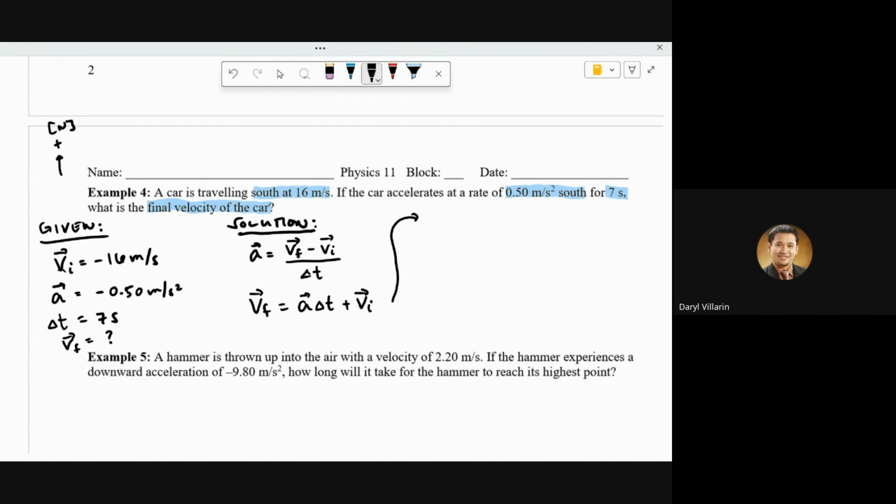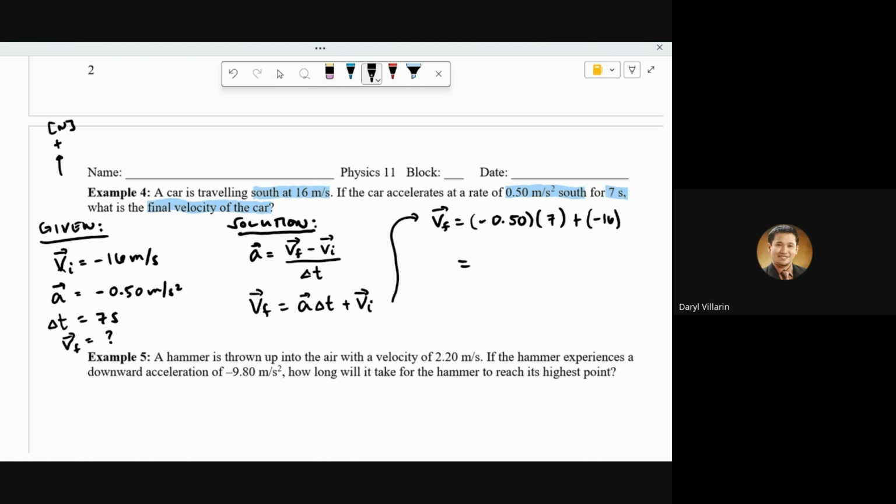So I'm going to substitute the values now. A is negative 16. No, a is not negative 16, but negative 0.5. So that would be negative 0.50 multiplied by the time, then plus the initial velocity of negative 16.